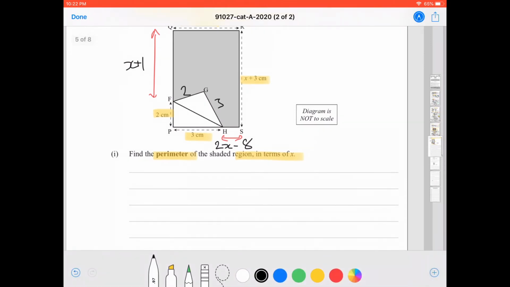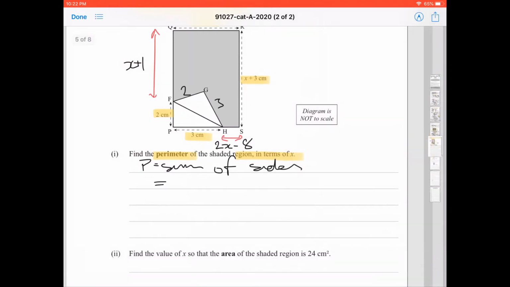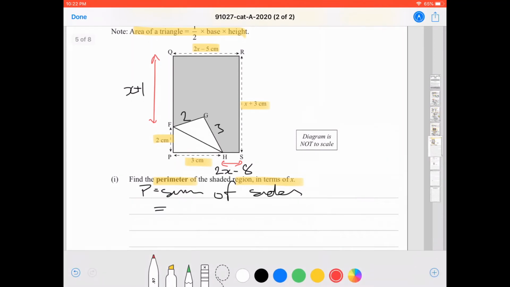Now let's go ahead and find the perimeter. What is the perimeter? Well, it's the sum of sides of the shape. And we've got to substitute our side lengths in, and we're looking at the shaded region. So it's here, we come down, HS, GH, FG, and then back up.